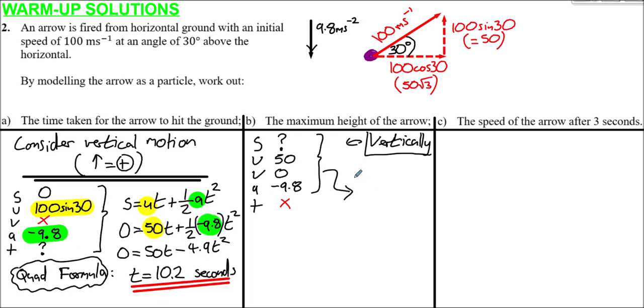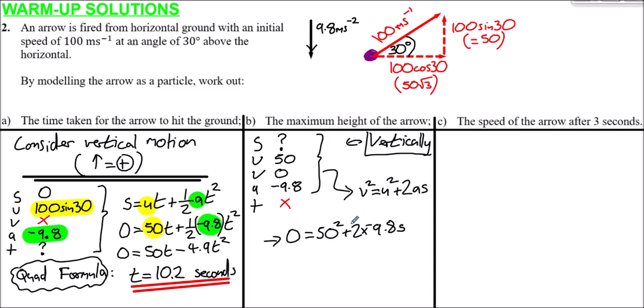I think the one we need to go for is v squared equals u squared plus 2as. If we use that one, v squared is going to be 0 squared, which is 0. That's going to be u squared, which is 50 squared, plus 2 times minus 9.8 s.